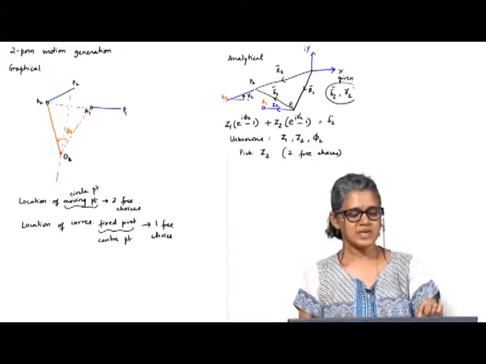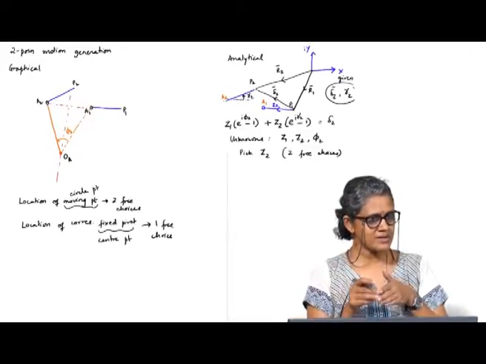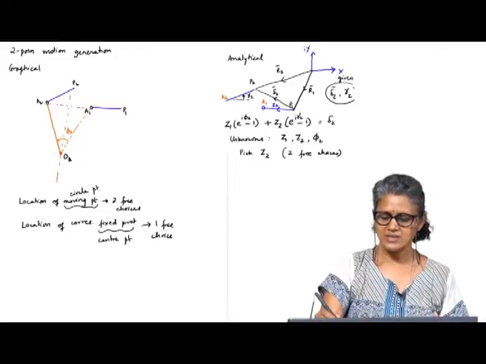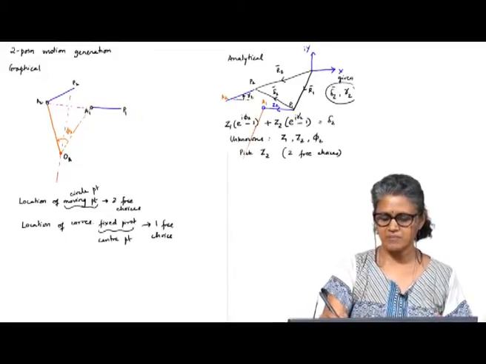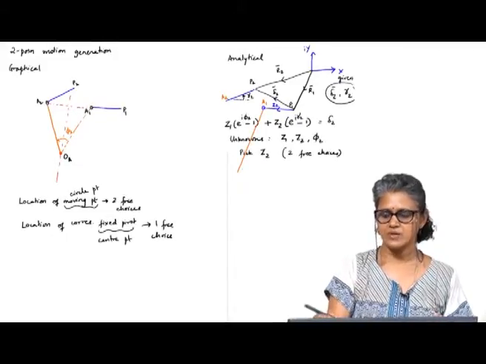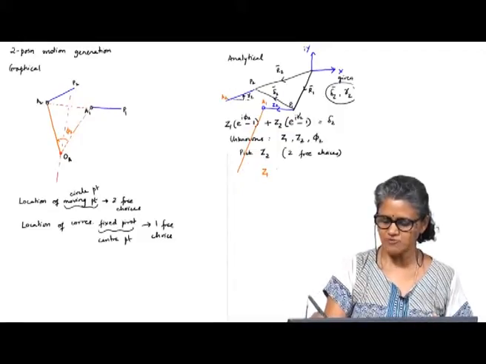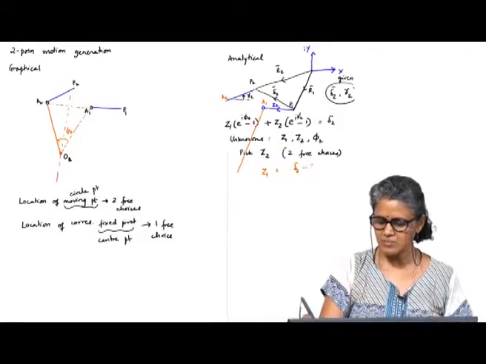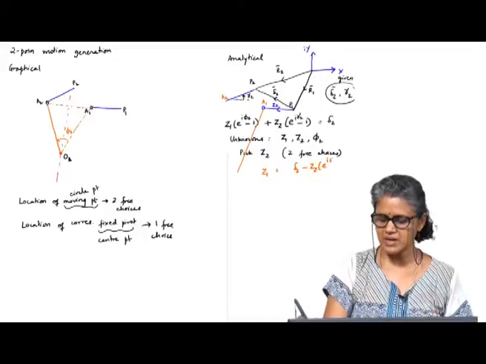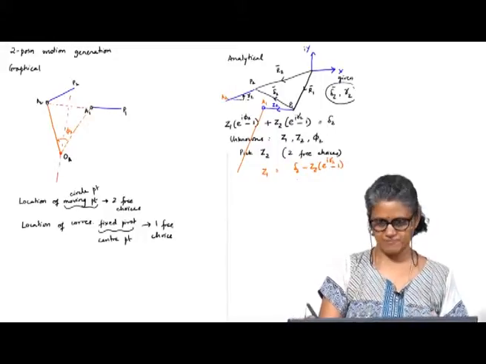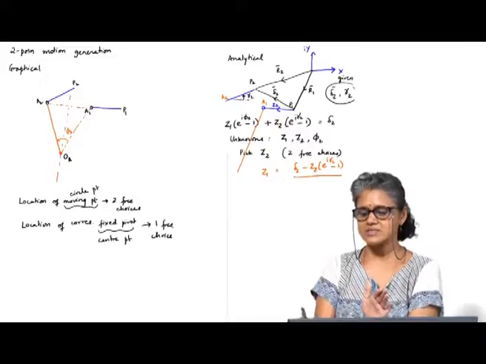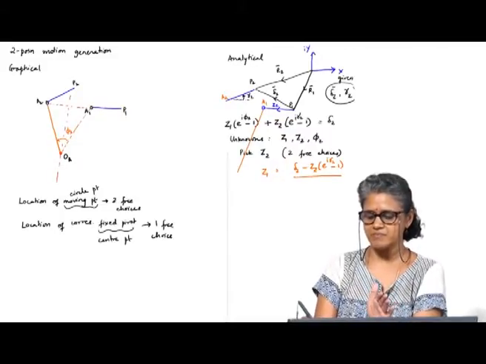I am saying where should OA be located such that this Z1, from this equation I solve for Z1 as delta 2 minus Z2 e^{i gamma 2}. So, this is less intuitive. It is easy for the equation, this is how I solve it.